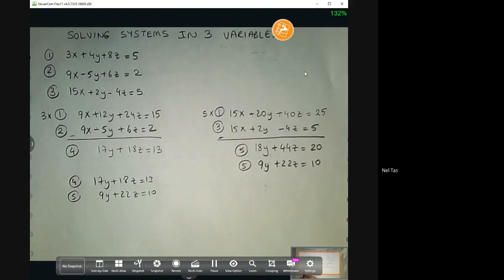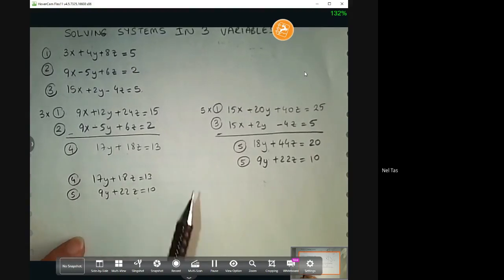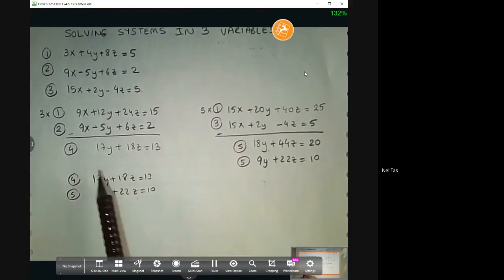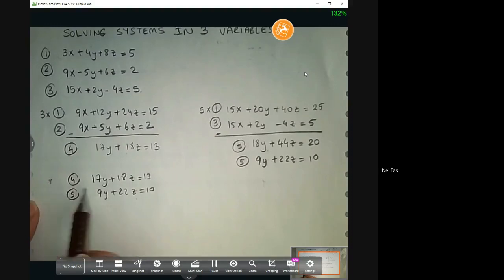So do not do substitution, only elimination. So now we want to eliminate y or z here. Well, they are not really nice numbers. I'll try to eliminate y in this case. So then I need to multiply equation number 4 by 9 and equation number 5 by 17.